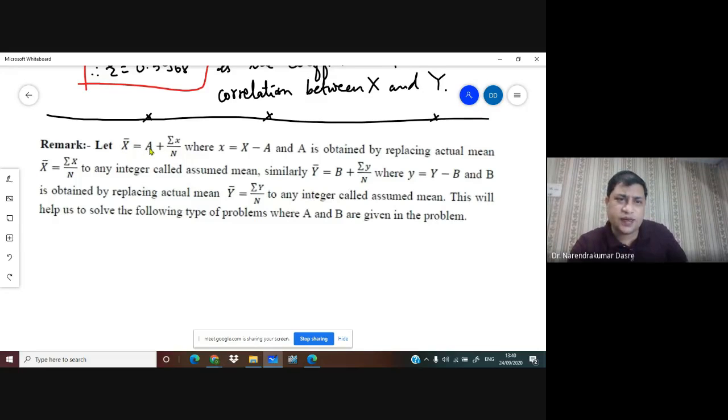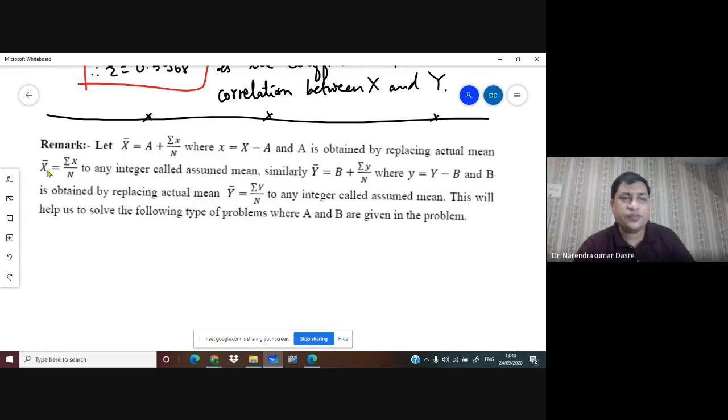So let x bar is equal to A plus summation x upon n, where x is X minus A. You can see I have defined in the earlier cases x is equal to X minus x bar. So that was the actual mean deviation. But here we are using the assumed mean deviation, and A is obtained by replacing the actual mean. So actual mean is not used, assumed mean is used.